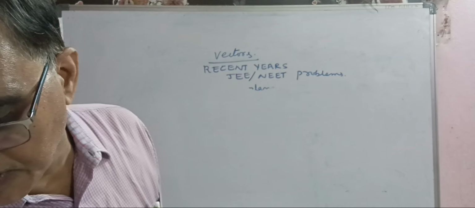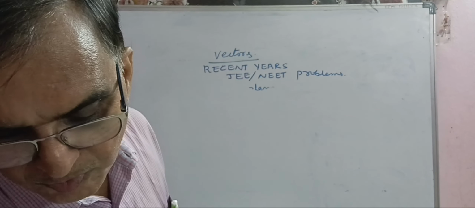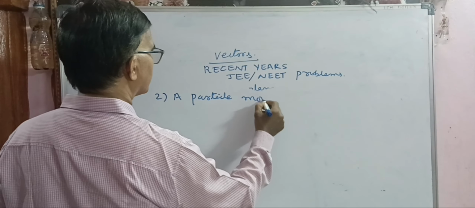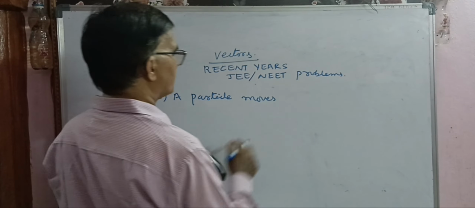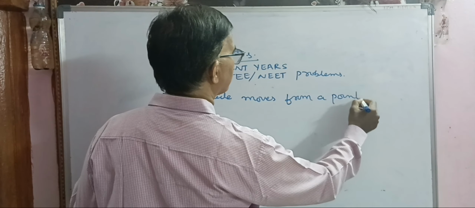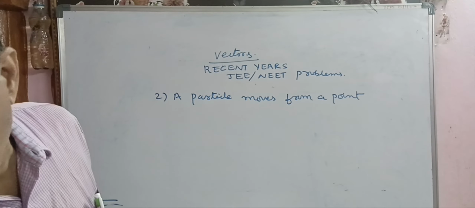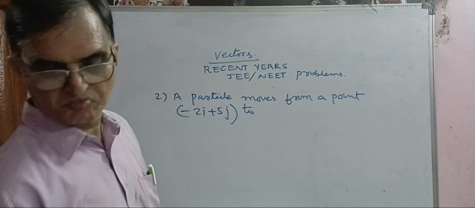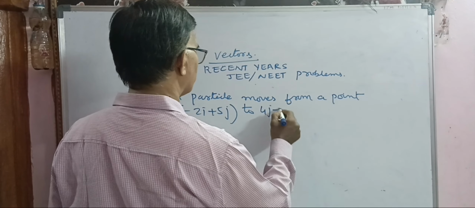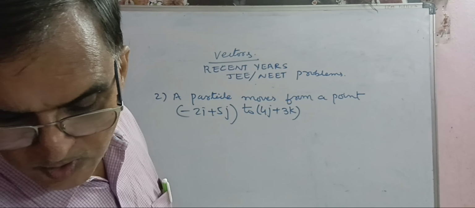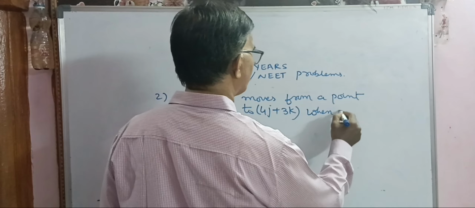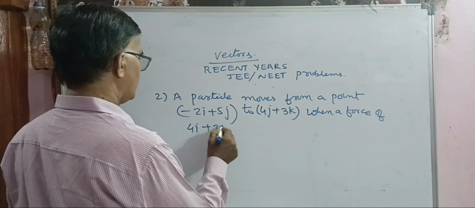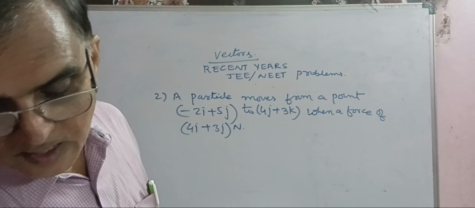The next question: a particle moves from a point minus 2i plus 5j to 4j plus 3k, when a force of 4i plus 3j newtons is applied.